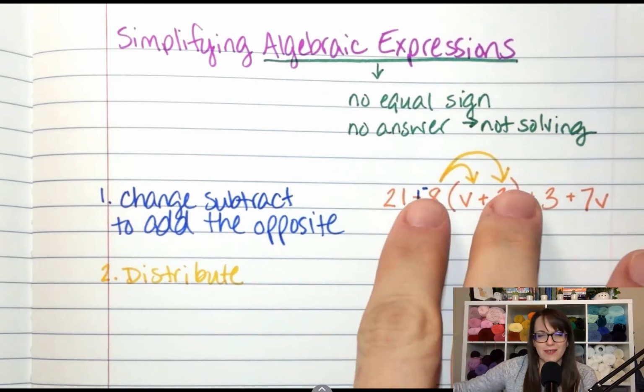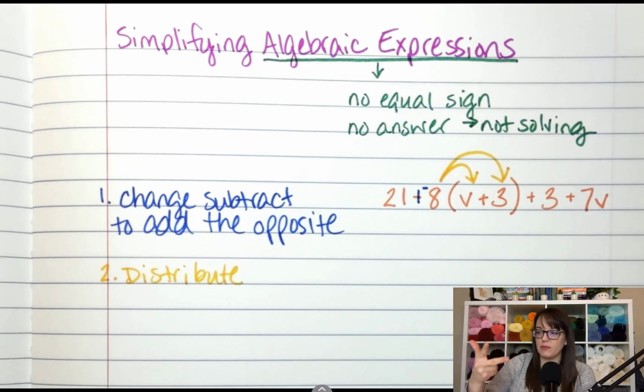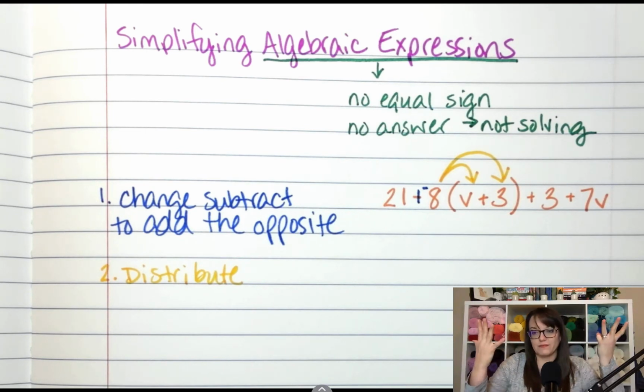Also, another way to think of this, it's like saying you have negative 8 sets of v plus 3s. So you've got v plus 3, v plus 3, v plus 3, 8 times. So how many v's would that be? 8, or negative 8.